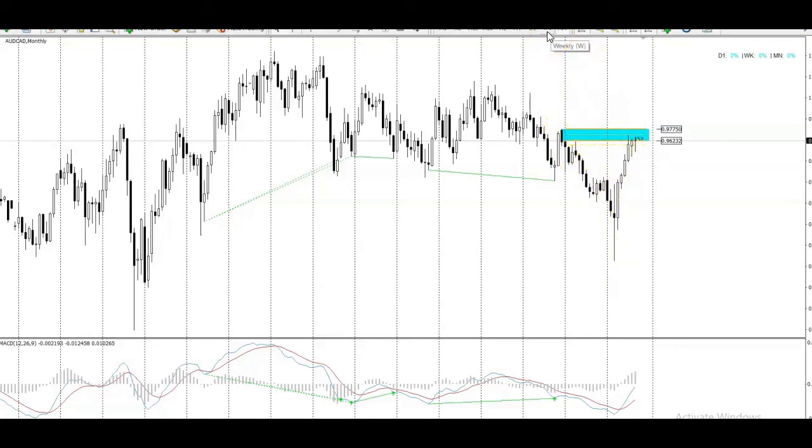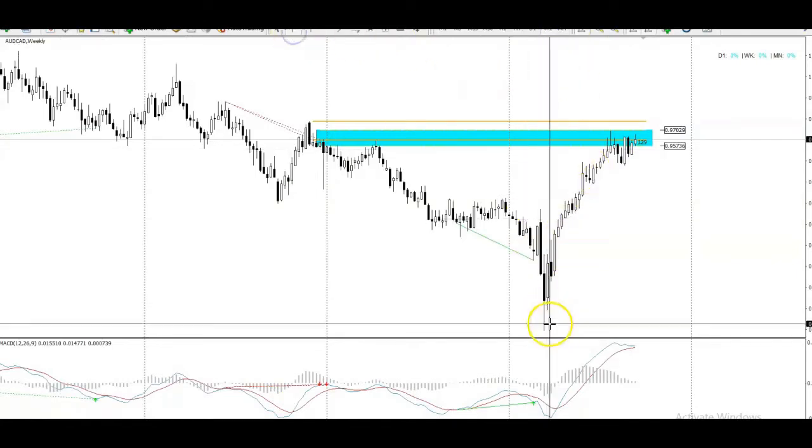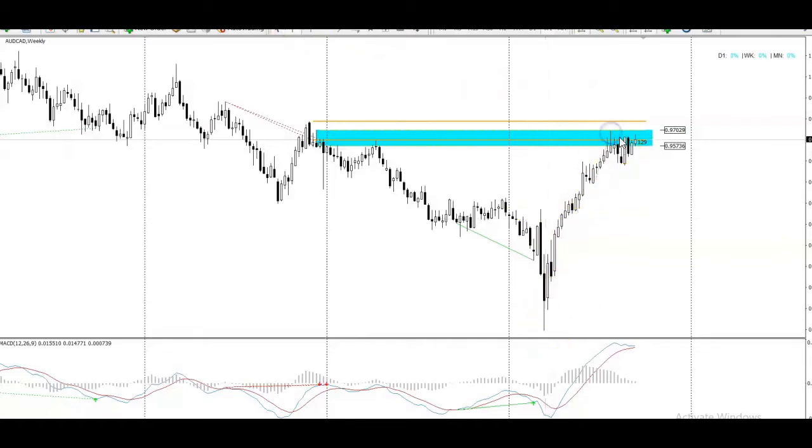And a very nice, clear picture of this. You can see this huge rally up here. Okay, and the minute we approach this area, where I've marked here, price has started to slow down. You can see the initial change of structure here.